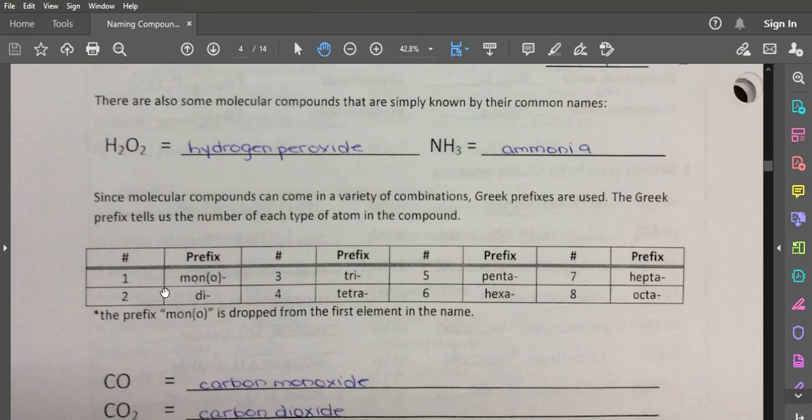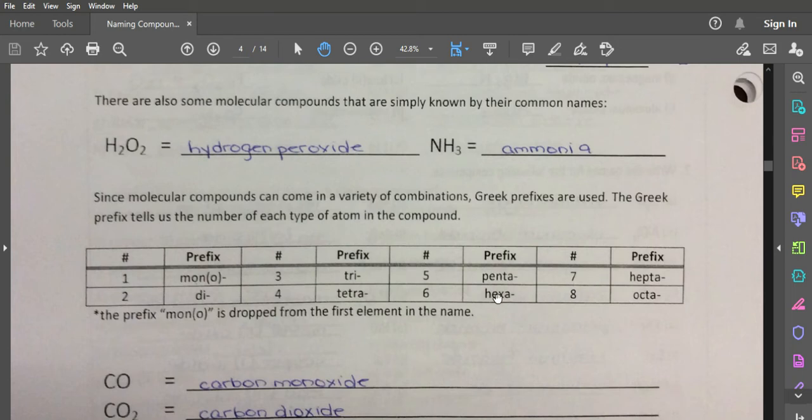Those are the things we know from like carbon monoxide and carbon dioxide. Tri, like triangle, means we have 3 of something. Tetra is for 4. And then we kind of get into those shapes. Usually people know these from shapes, like a pentagon has 5 and a hexagon has 6, heptagon, octagon, 7 and 8.